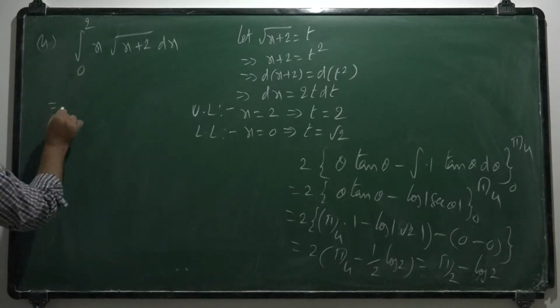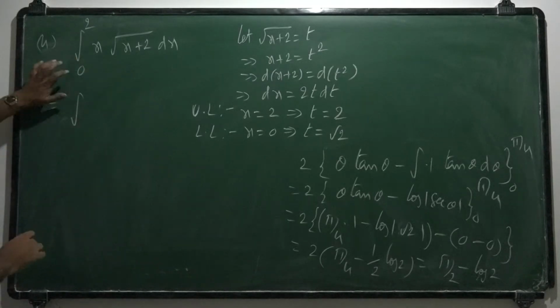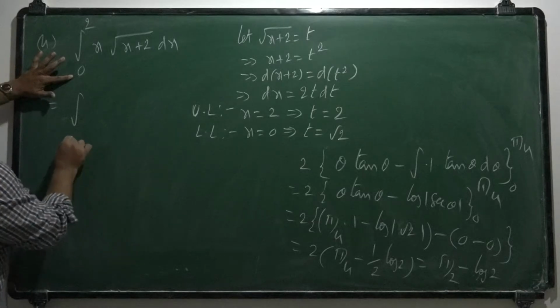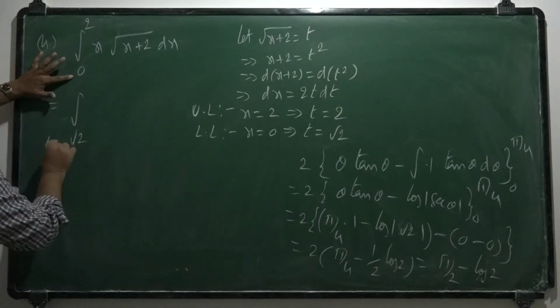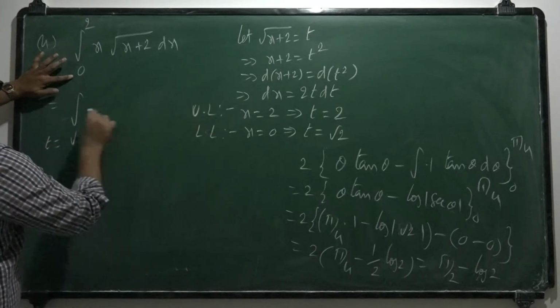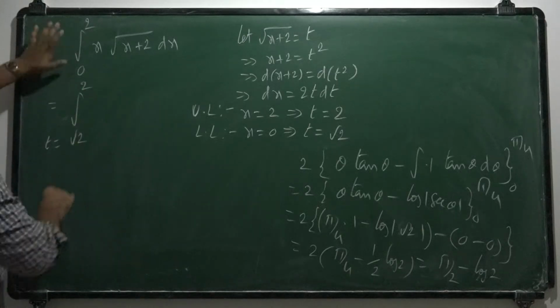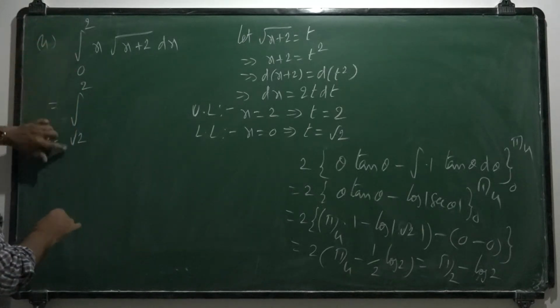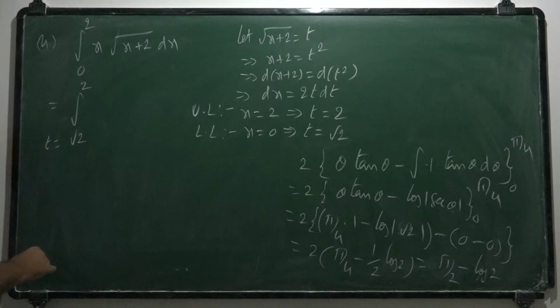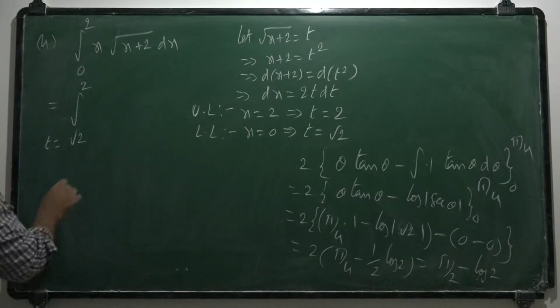Therefore, this problem is equal to lower limit root 2, t is equal to root 2, upper limit t is equal to 2. These are the limits to x. These are the limits to the variable t. You may write or you may not write t here. There is no problem.